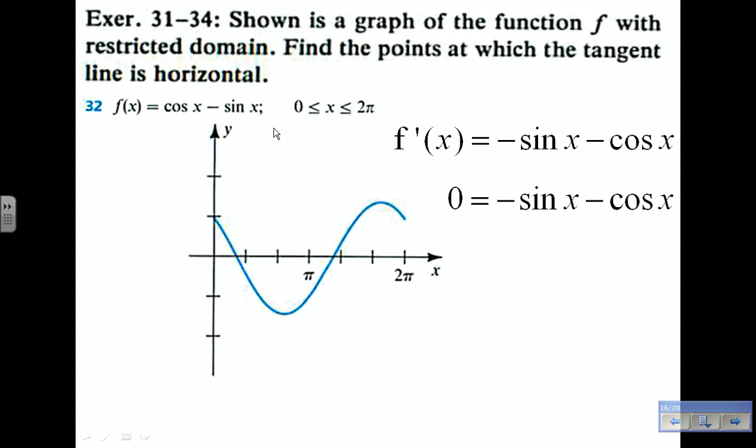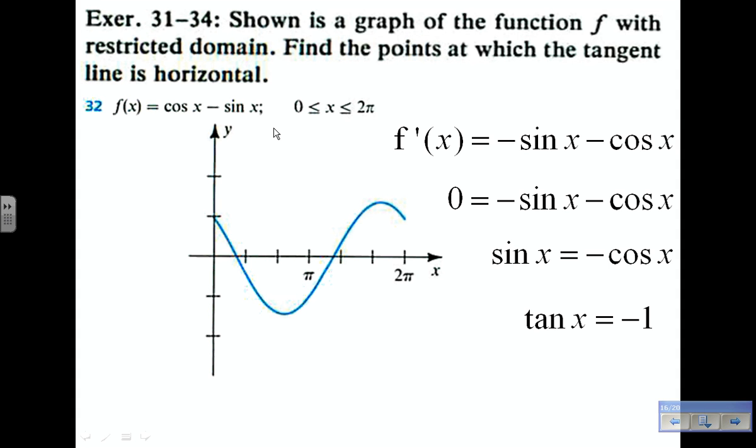Scooch a little bit. 3 pi over 4 and 7 pi over 4. If they're opposites and you add them, you get 0. If they're opposites and you subtract, you get 0. What were they? 3 pi over 4, 7 pi over 4. And I don't have to put the plus. If you forgot, you can do tangent of x equals -1, same thing. You don't have to put the plus 2 pi in because you're only going from 0 to 2 pi.